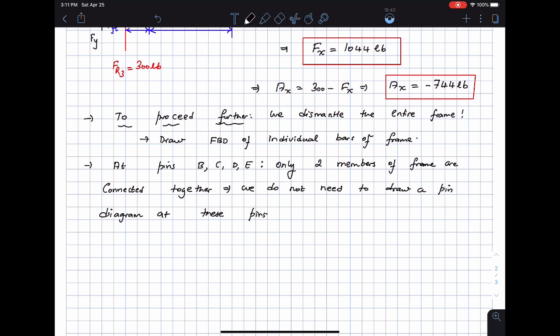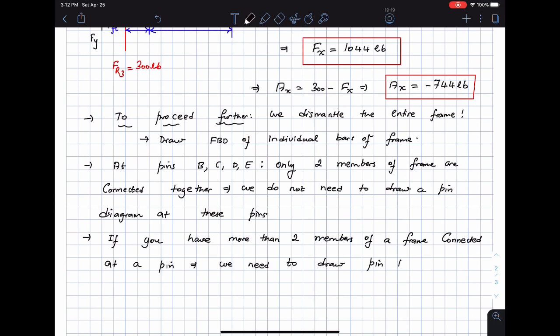Okay, and the key statement is, if you have more than two members of a frame connected at a pin, then you need to draw the pin free body diagram.